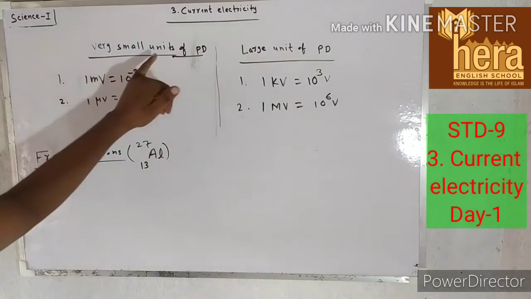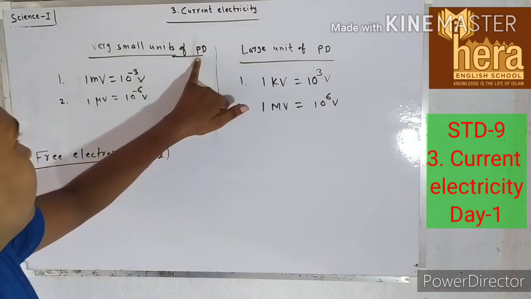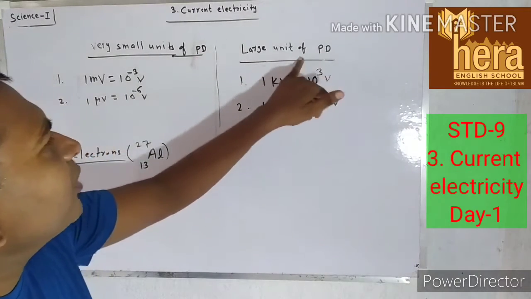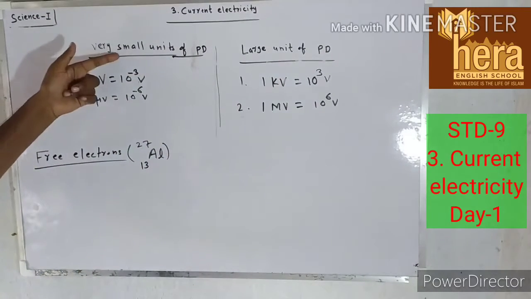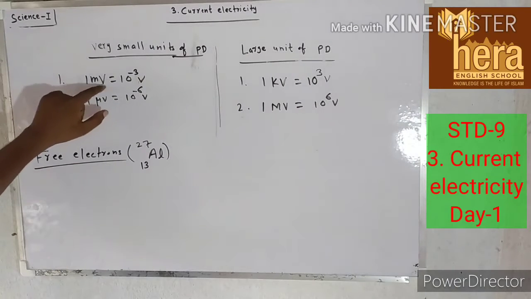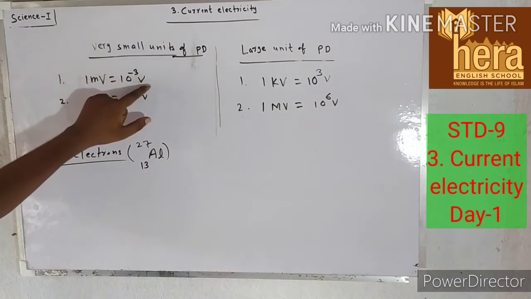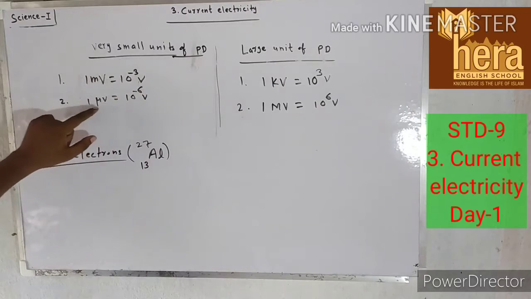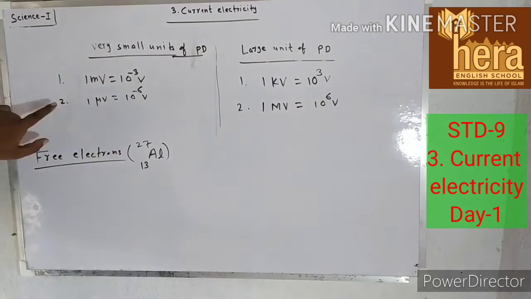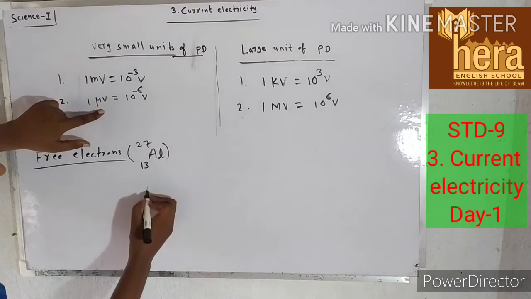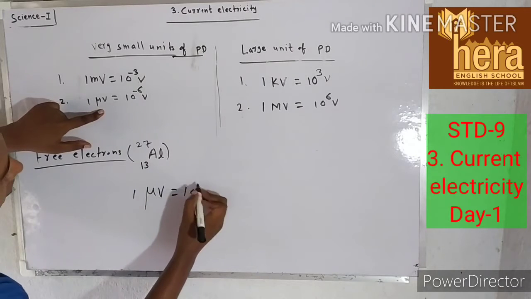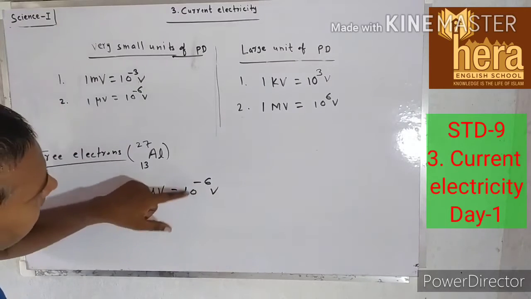So now the small units of potential difference and the large units of potential difference. A very small unit of potential difference is first one millivolt. 1 millivolt is equal to 10 raised to minus 3 volt, written as small m, capital V. And 1 microvolt is equal to 10 raised to minus 6 volt.